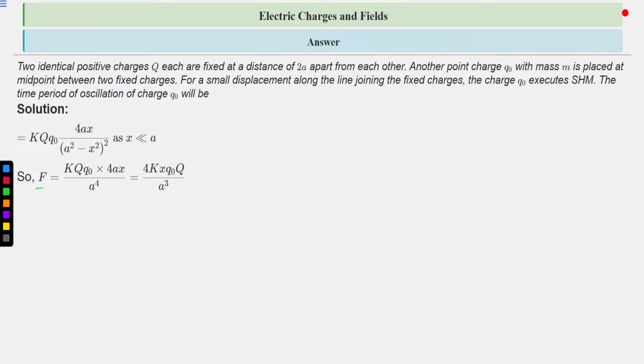So F will become kQQ naught 4ax upon a square. We are neglecting x square, so a raised to power 4. Now cancel out a with this, a raised to power 4. We will be left with 4kx Q naught Q upon a cube.